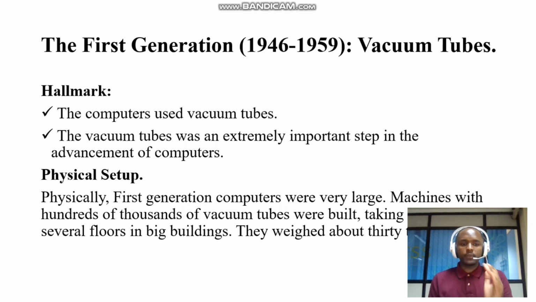Then, basing on the physical setup of the first generation computers, they were very large. Machines with hundreds of thousands of vacuum tubes were built, taking up the space of several rooms. They weighed about 30 tons.